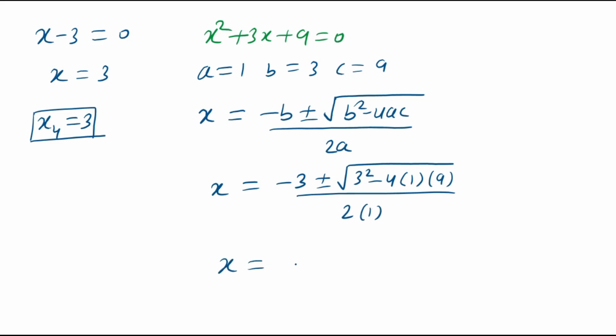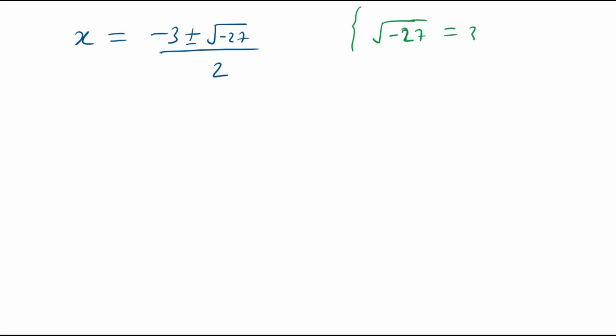Then x is equal to minus 3 plus minus the square root of 9 minus 4 times 9, which is 36, divided by 2. Here x is equal to minus 3 plus minus the square root of minus 27 divided by 2. And we know that the value of the square root of minus 27 is the same as 3 times square root of 3 iota.